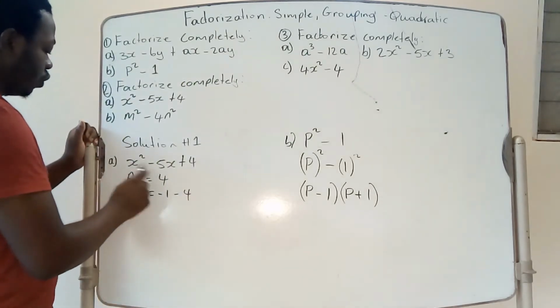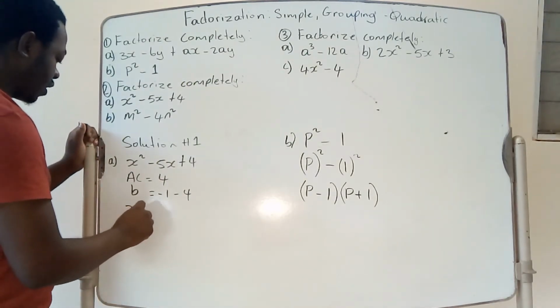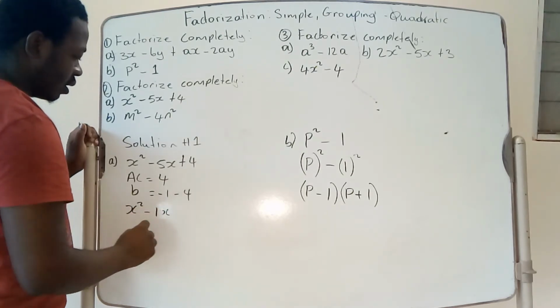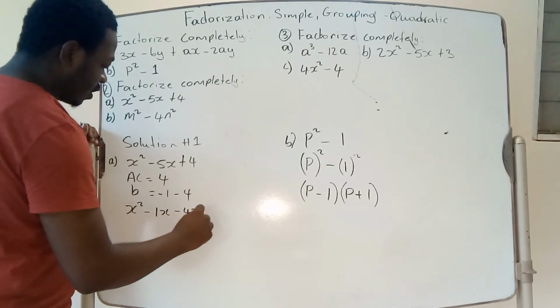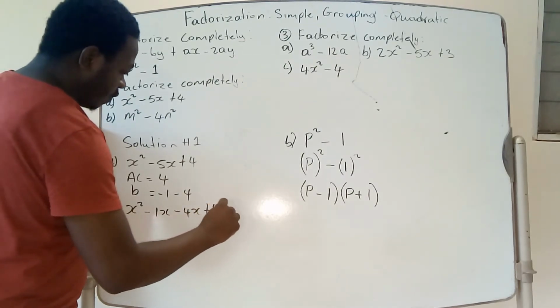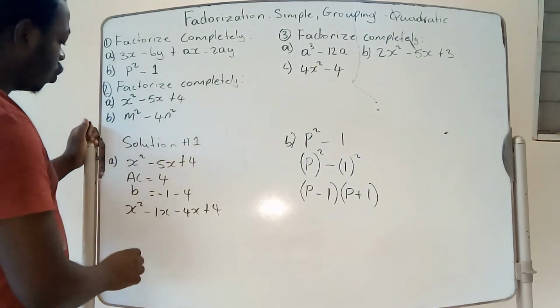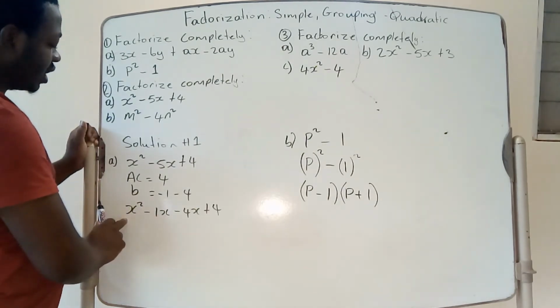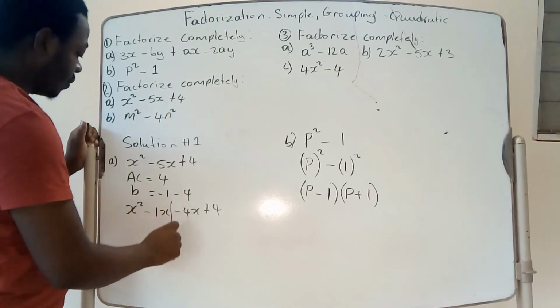Our new expression is x squared minus 1x minus 4x plus 4. Now, we have 4 terms, so we can factorize this quadratic expression by grouping.